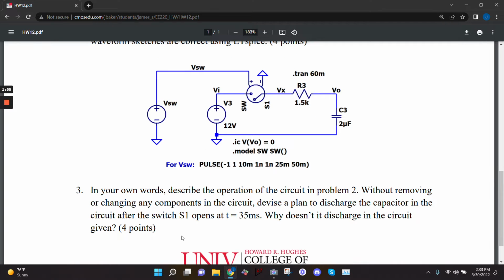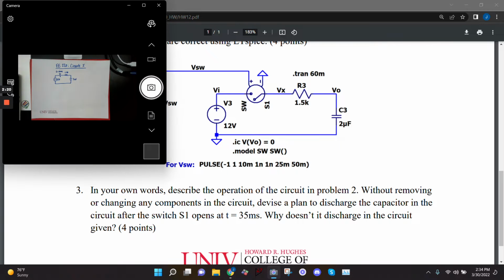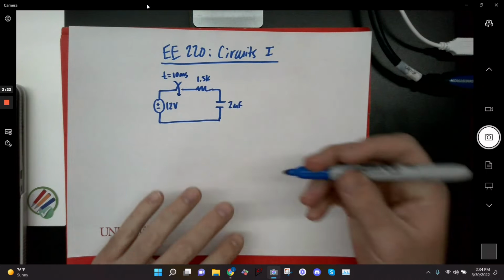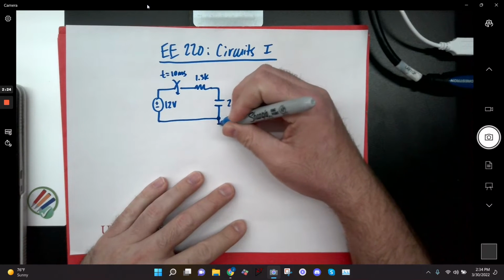So let me draw this on my paper real quick. All right. So basically, this is the circuit I'm looking at. Right?